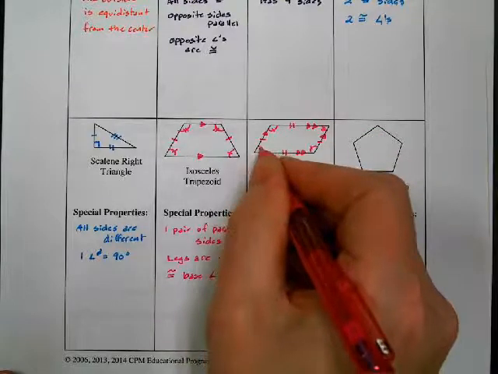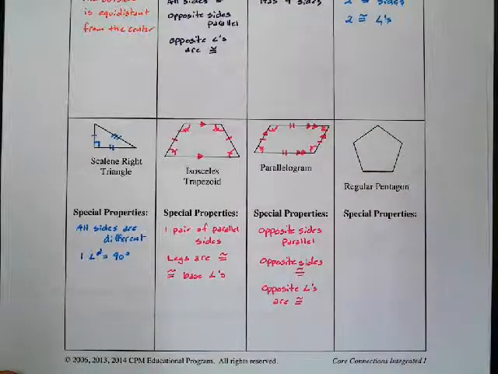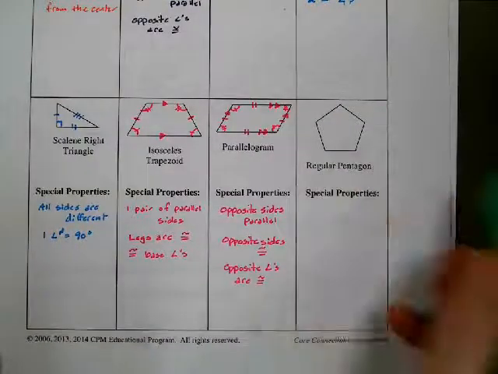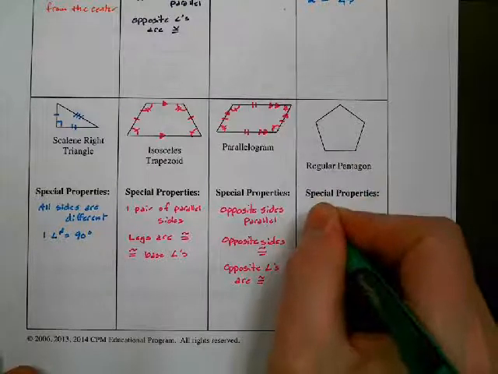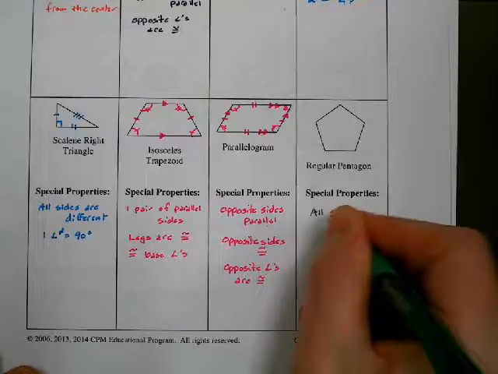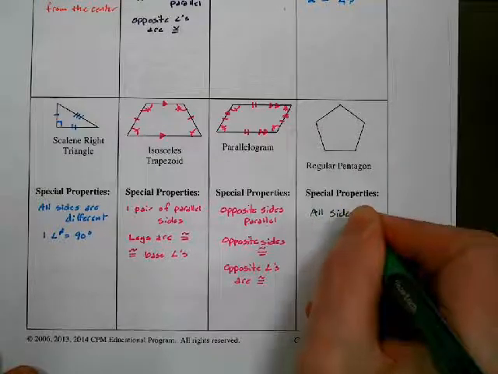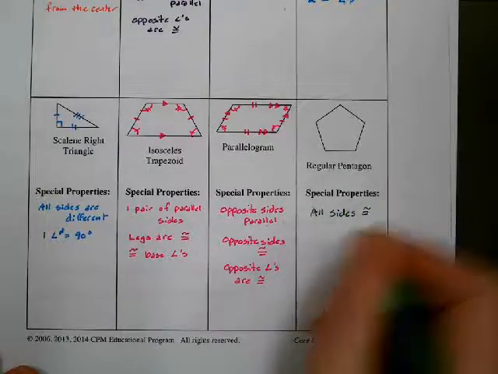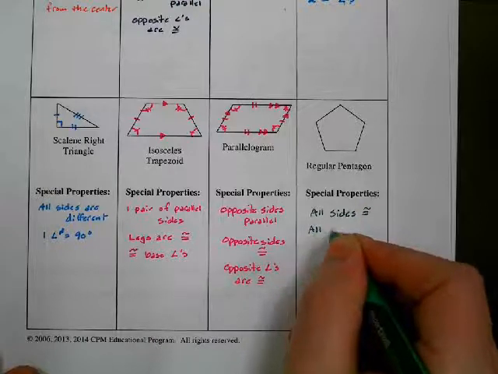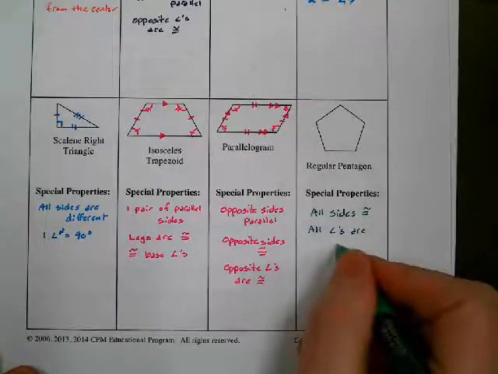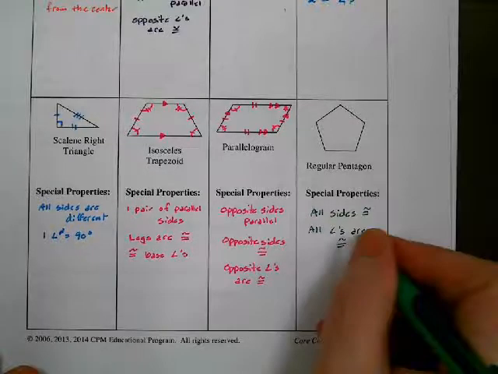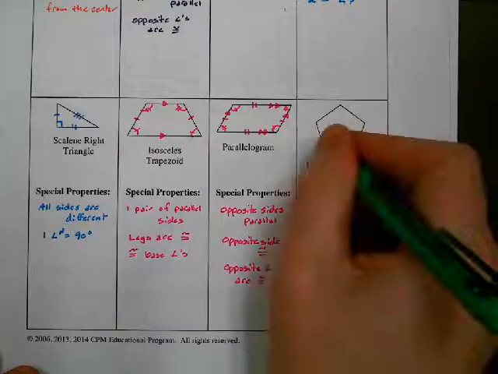A regular pentagon. Remember, regular means all the sides are congruent and all the angles are congruent. So this side, this side, this side, this side, this side, those five sides are congruent.